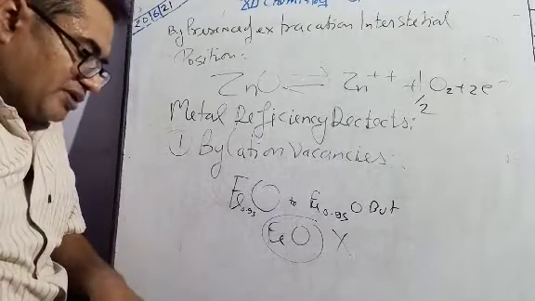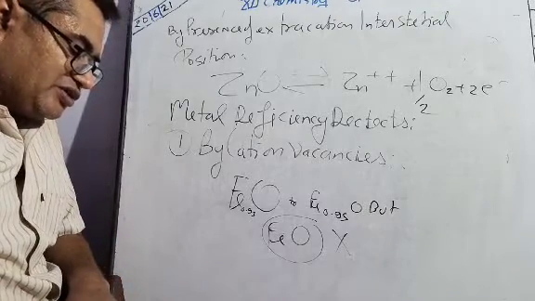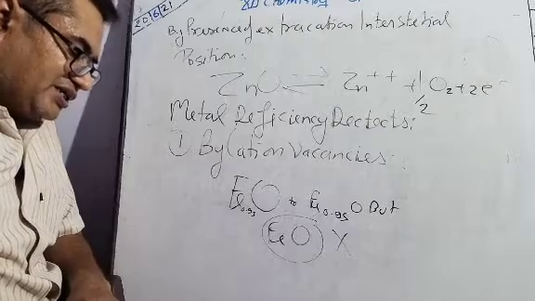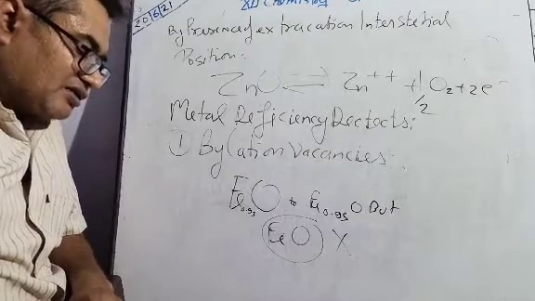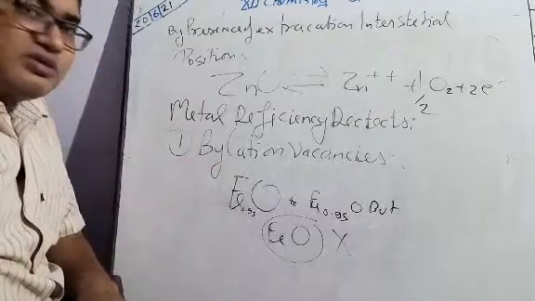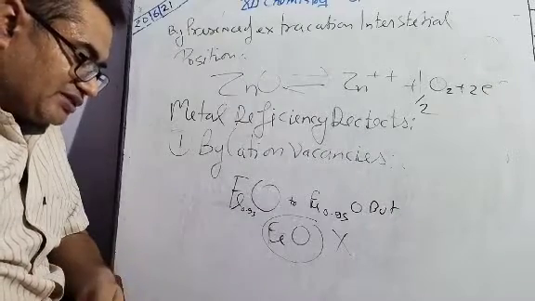So it was the metal deficiency defect due to cation vacancy. Cations are not found in the crystal lattice.